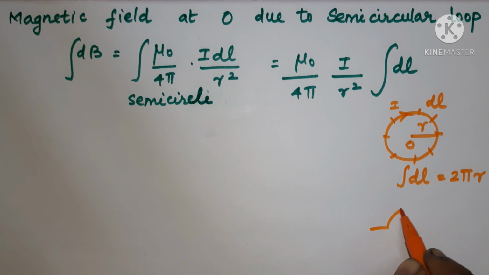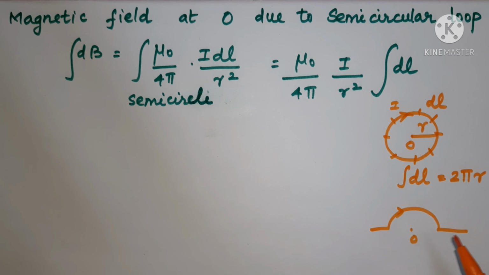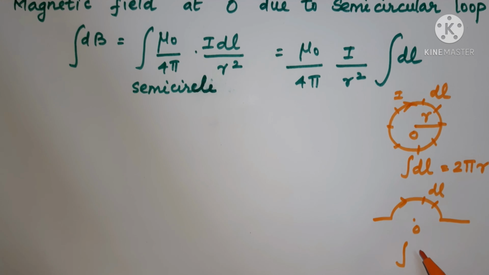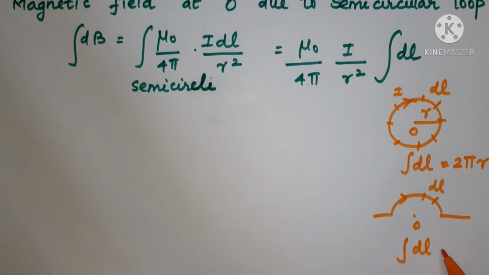As here it is a semicircular path with this point O, integration of dl over the semicircular path is equal to the circumference of that semicircle, it is pi r.